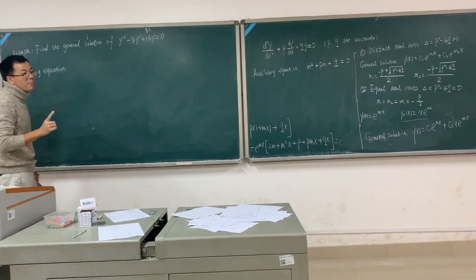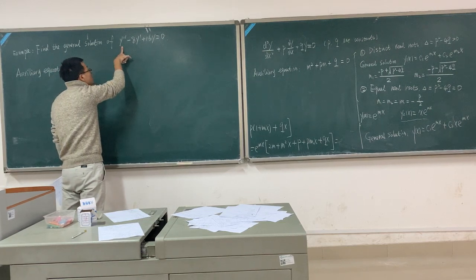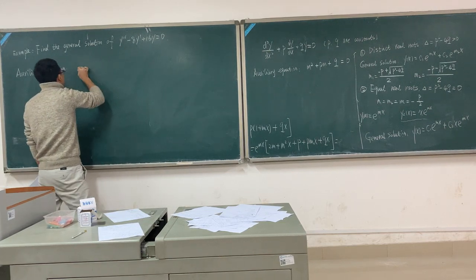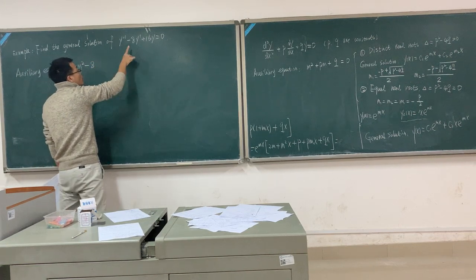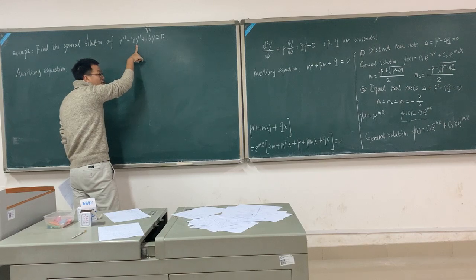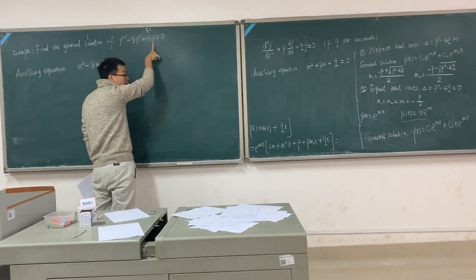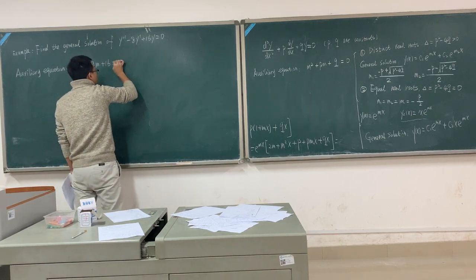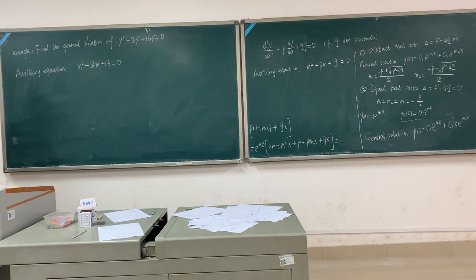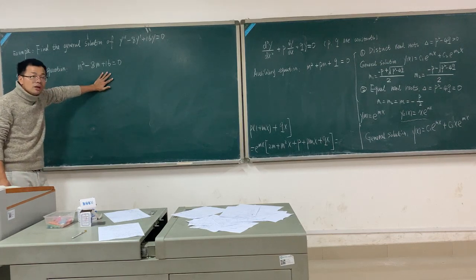We replace the second order derivative by m squared, minus 8, we replace y prime, the first order derivative, by m, and we replace y by 1. So plus 16 equal to 0. So m squared minus 8m plus 16 equal to 0.